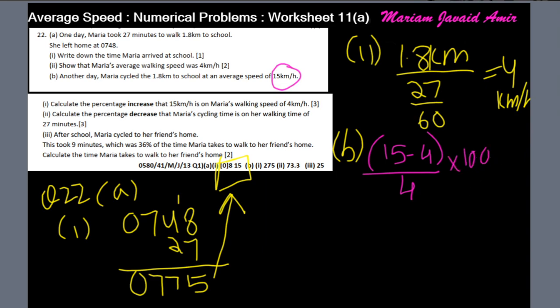So we have 11 over 4 times 100, which is 275% increase. Sorry, that was B1 and now we're doing B2.